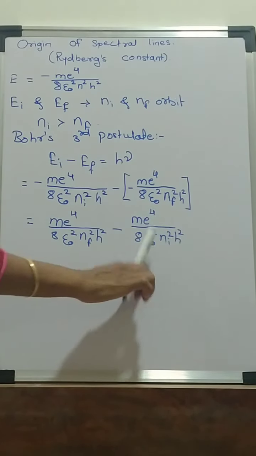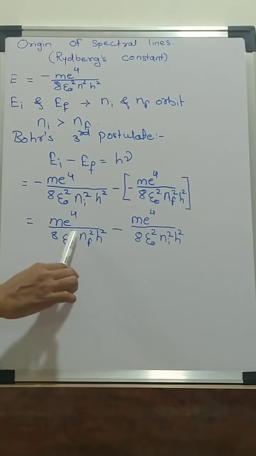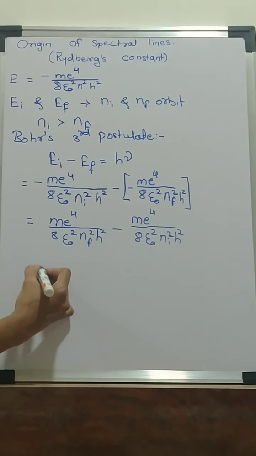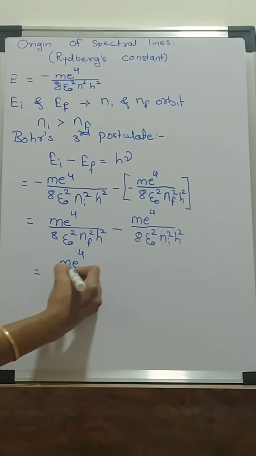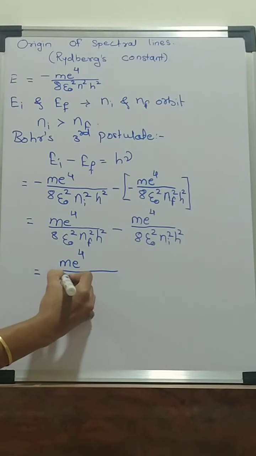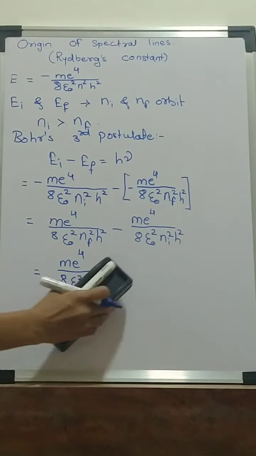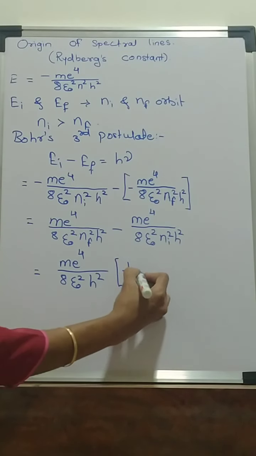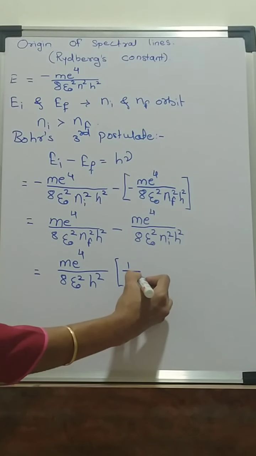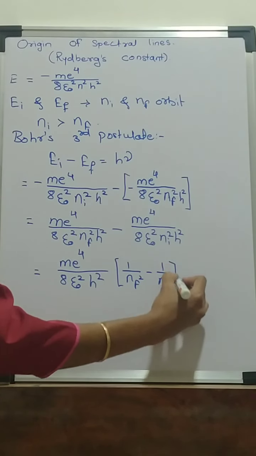If we see these two quantities, we can see that me raised to 4 upon 8 epsilon naught square h square are common in both the terms. So I will take these terms outside the bracket, and within the bracket we will write 1 upon Nf square minus 1 upon Ni square.